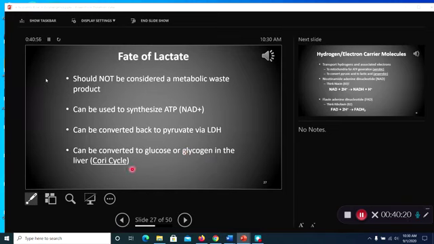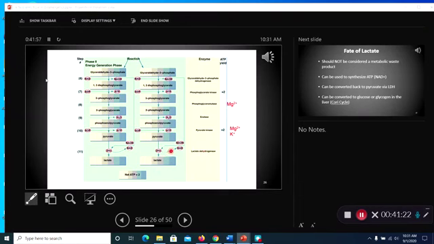Okay, so that'll especially happen when you need to make a lot of ATP real quickly in anaerobic glycolysis, because basically what can happen is NADH is created at this step here, glyceraldehyde 3-phosphate to 1,3-diphosphoglycerate. That NADH can go downstream, donate its hydrogens and electrons to pyruvate in the presence of lactate dehydrogenase to make lactate. Then NAD can circle back up and be used again for this step between glyceraldehyde 3-phosphate and 1,3-diphosphoglycerate.